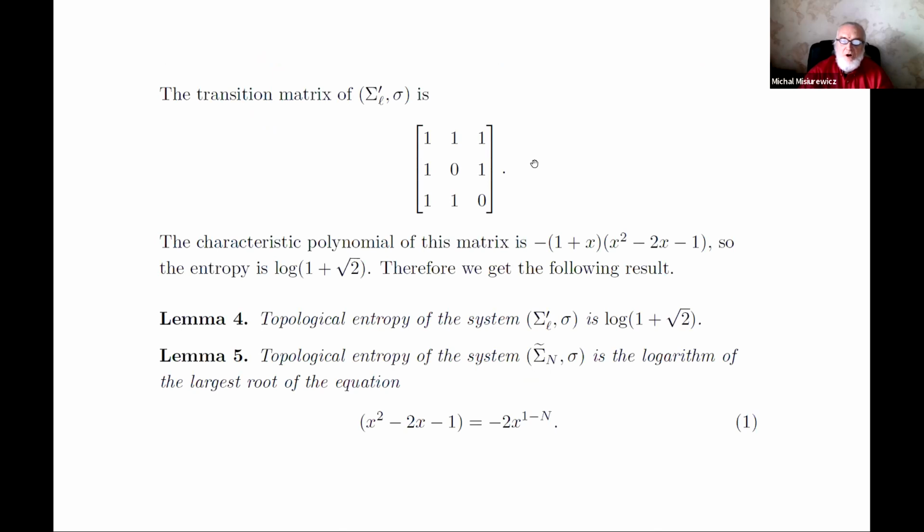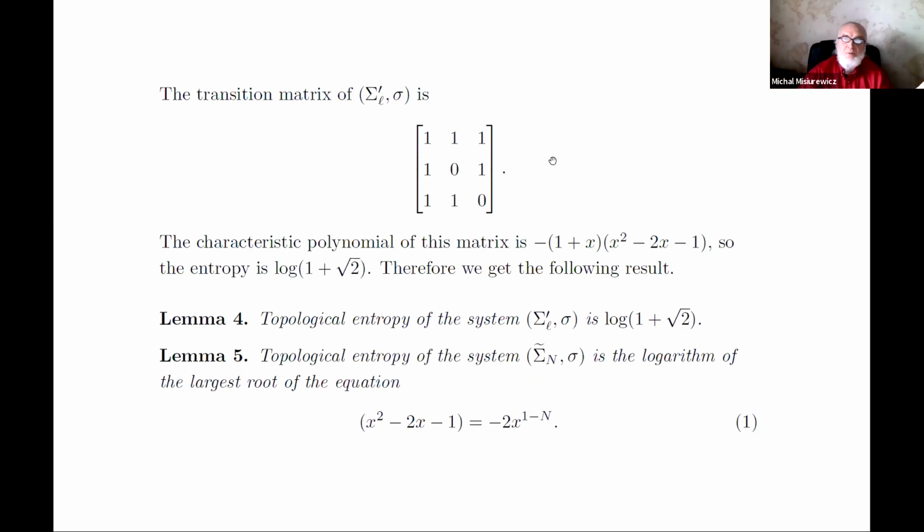Okay, now the computation of the entropy, the computation of topological entropy. Well, it's a subshift of finite type, sigma_L', and small sigma is the shift. We cannot go from A to A and from B to B. So these are zeros, the rest are ones.